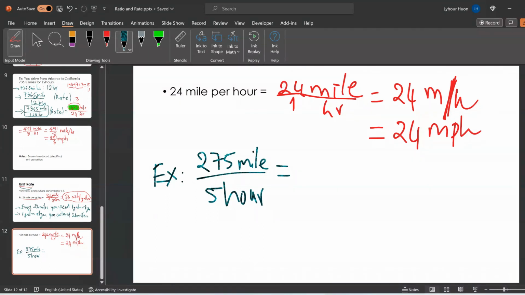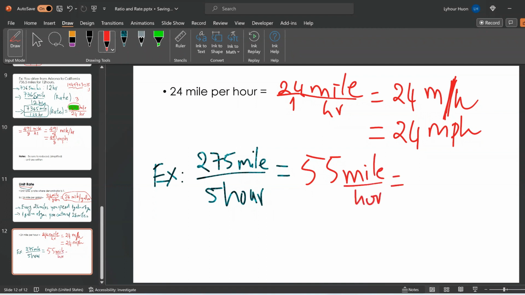We get 55. What are the units? It is 55 miles over 1 hour.